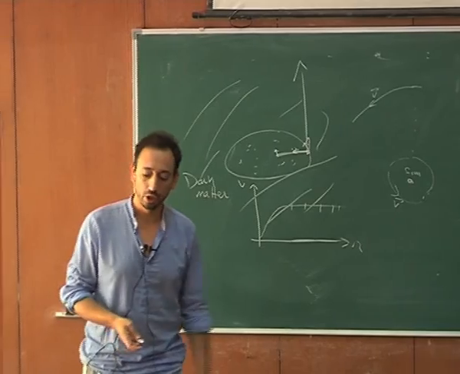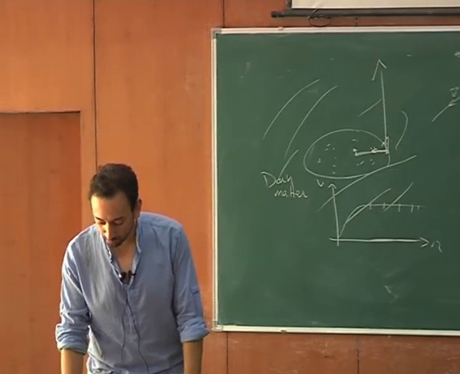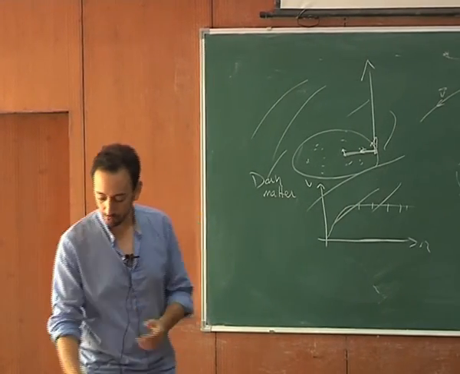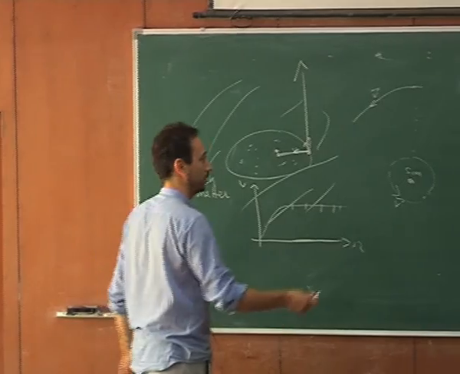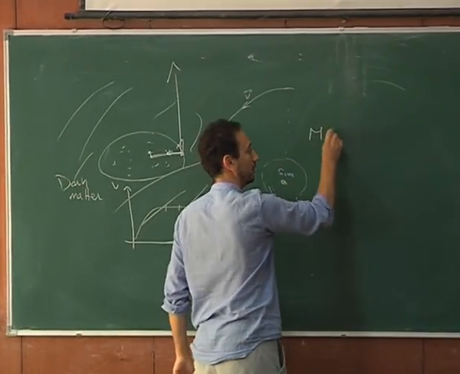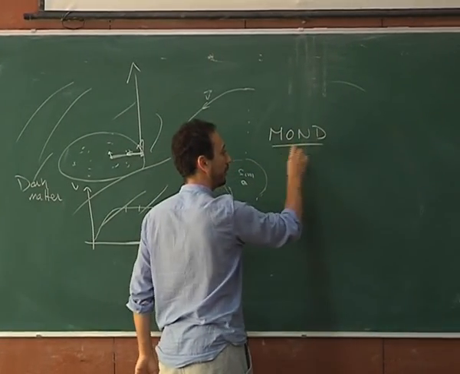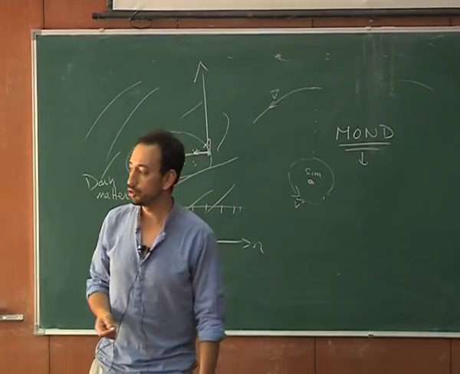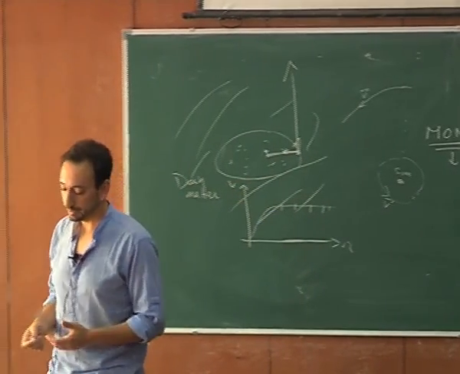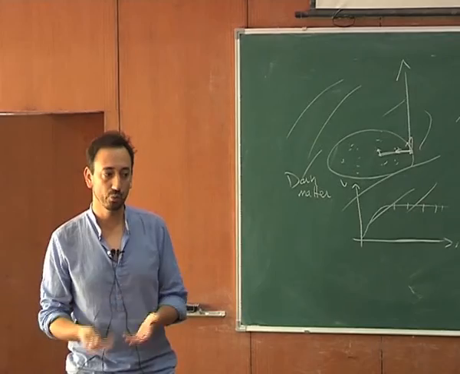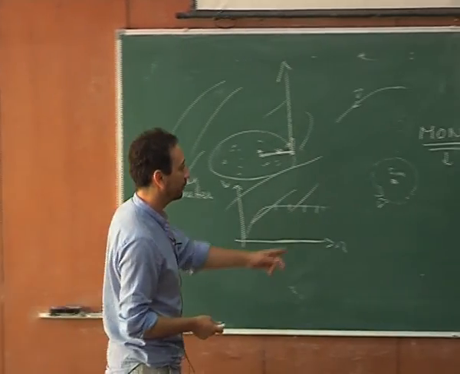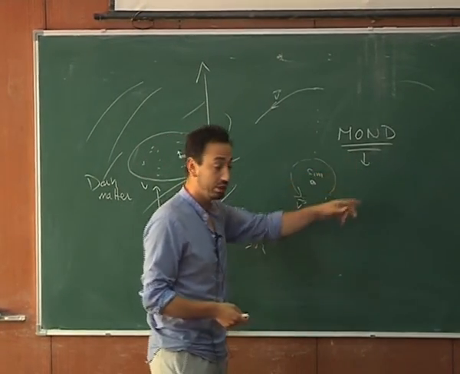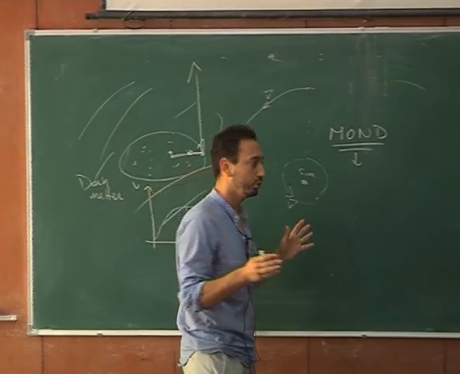That is for sure. So then people cooked up some kinds of models, for example a model which is called MOND. And very often, this is what people call modified gravity. So if you go on Google and search modified gravity, you will get principally theories like that, which is just a modification of Newton.